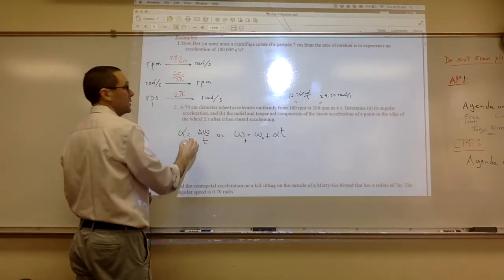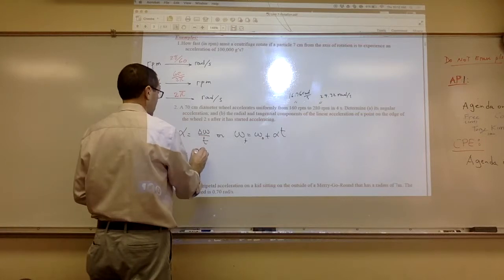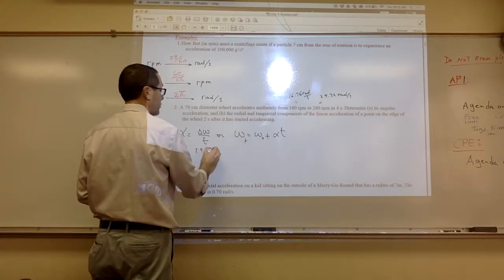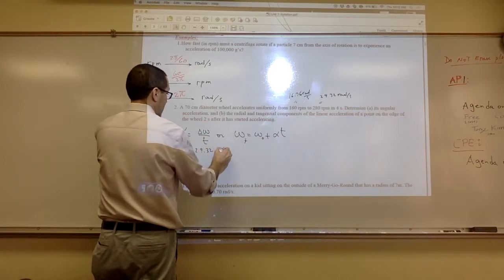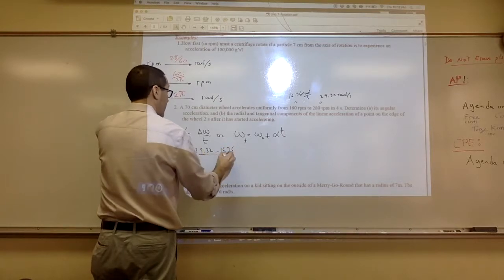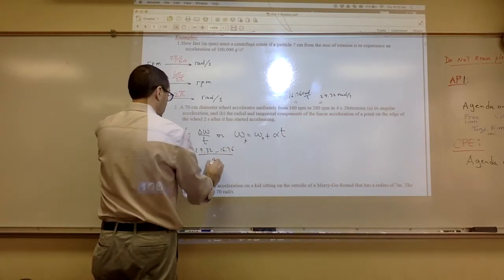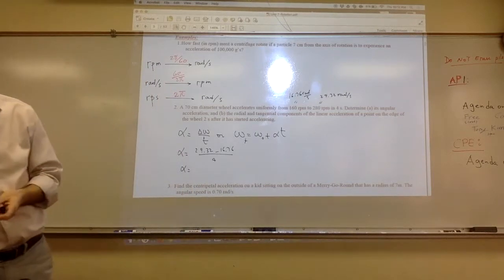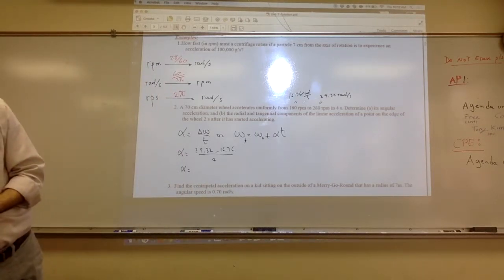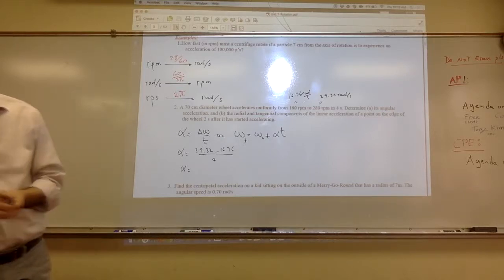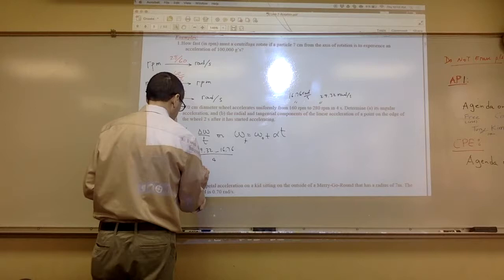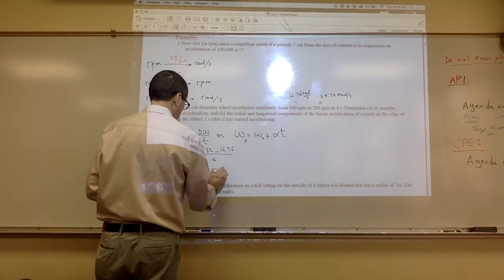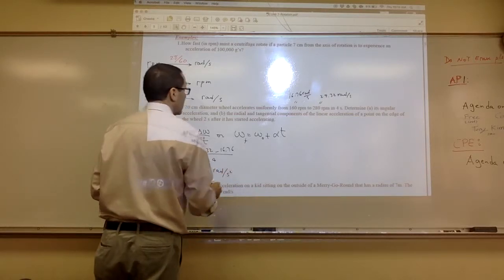Alpha equals, the change is 29.32 minus 16.76 divided by 4 seconds, and we should get an alpha equal to 3.14 radians per second squared. Okay.